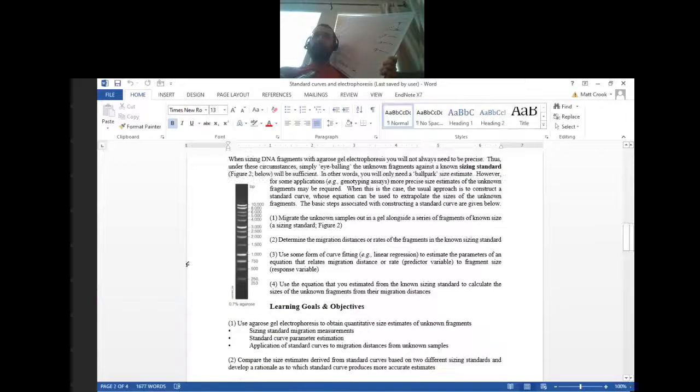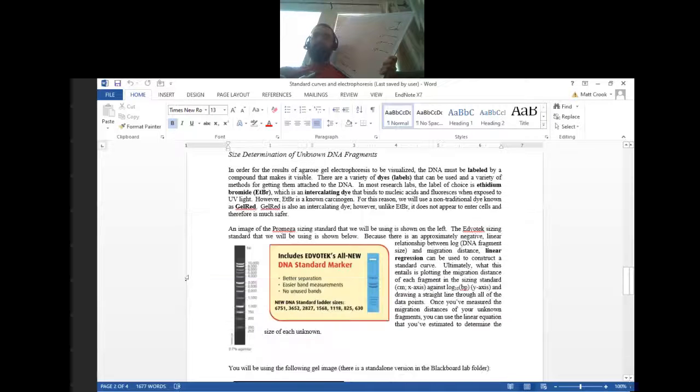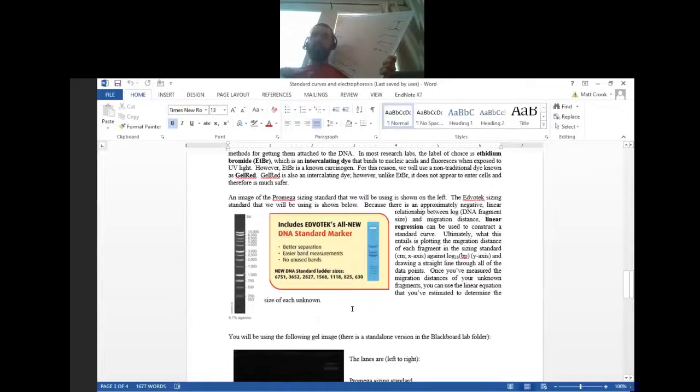Okay, so this is the Promega sizing standard. You see here, it gives you all of the different fragments. And here is the Edvitech one. The fragments that you're looking at are going to be these sizes here along the bottom.